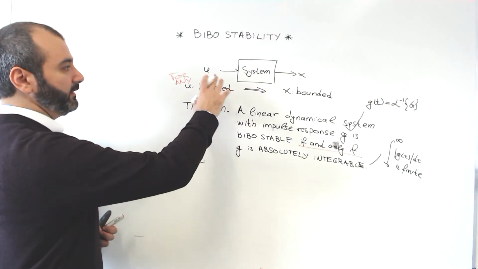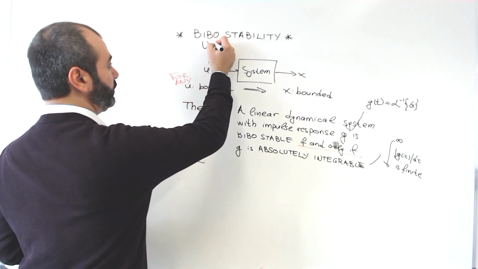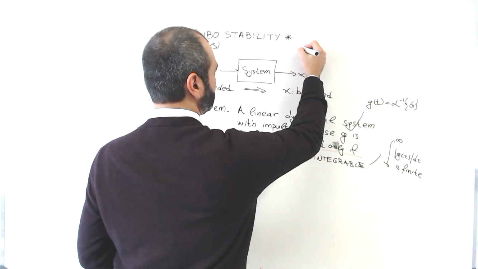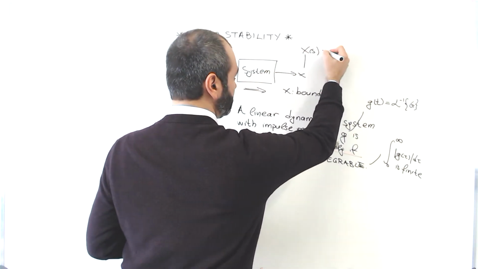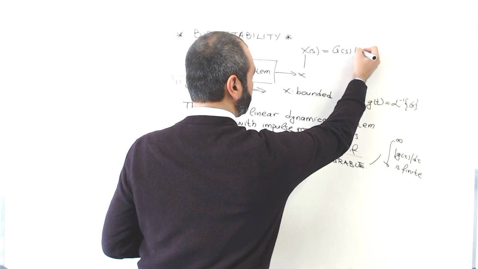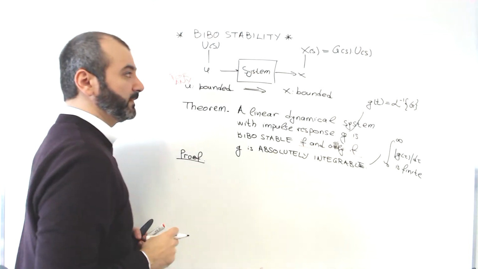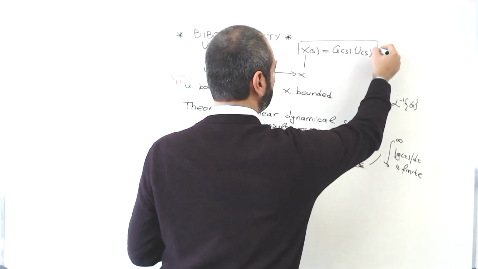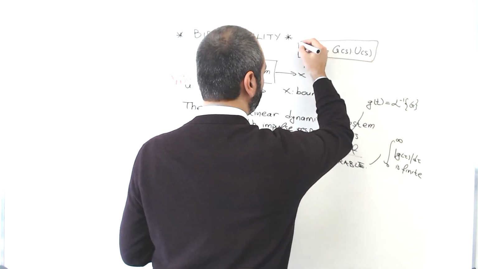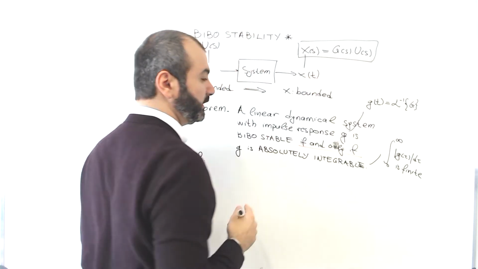We know that in the S domain, where we have u of s as an input and x of s as an output, the output x is equal to g of s times u of s. So this is well known here, right? But what is the output x of t?